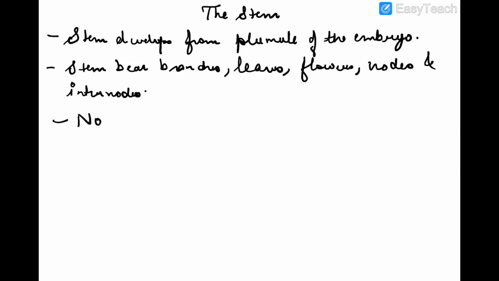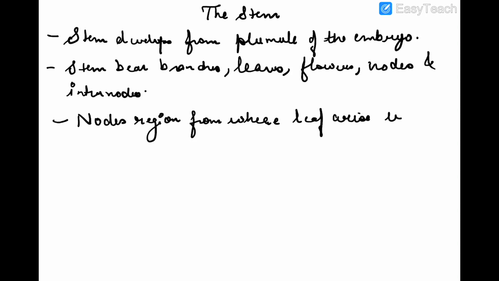Nodes are the region from where leaf arise. Whereas distance between two nodes is called internode.